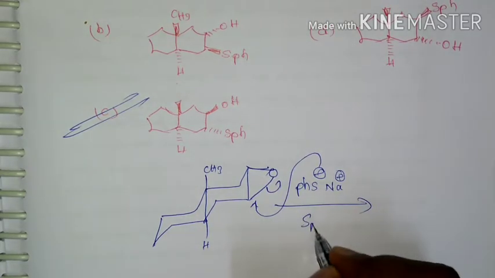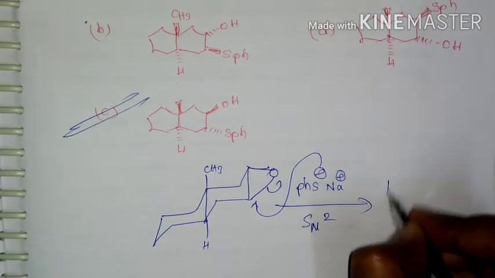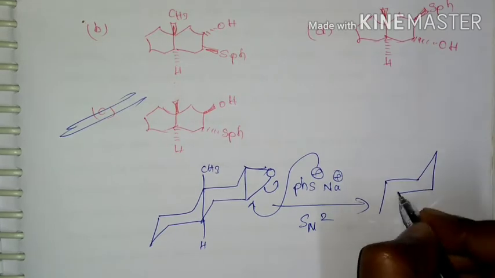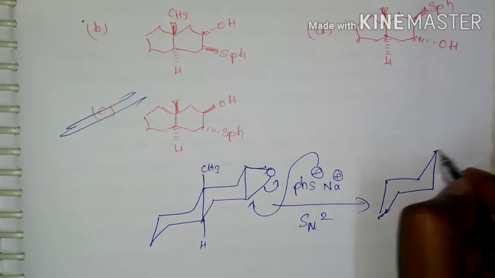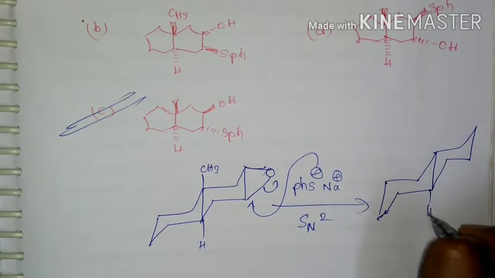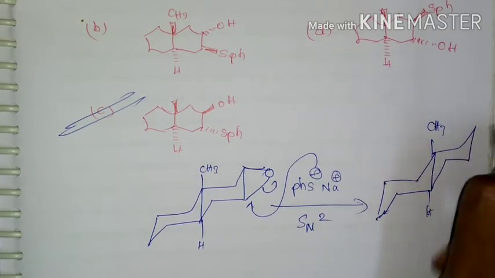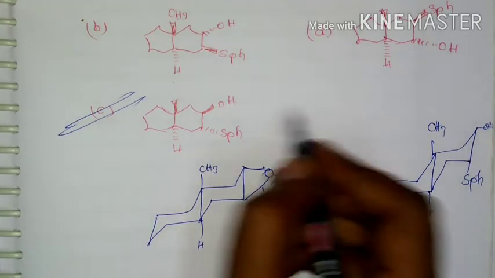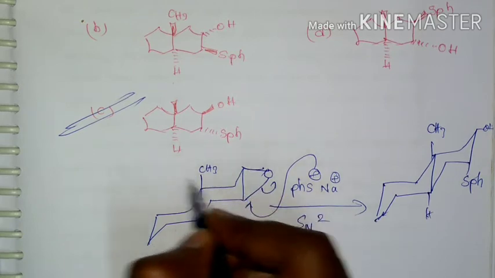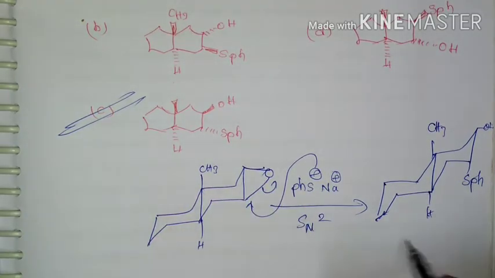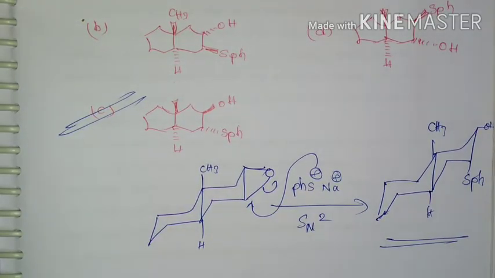It is an example of an SN2 reaction, and we are going to get this product. If it attacks from the other side, there is steric hindrance, so we are going to get this product as the major product, and option C is correct.